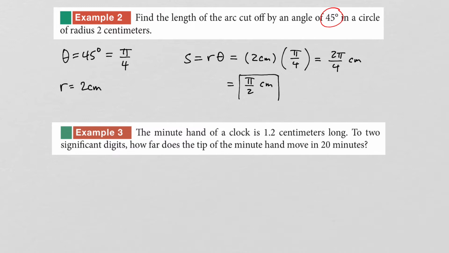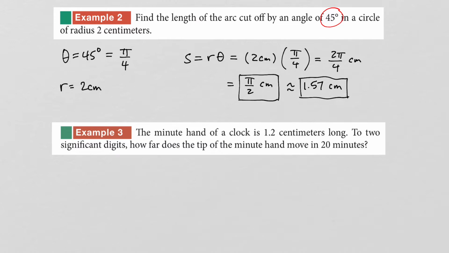So this is our exact answer. And then if they want a decimal approximation, you could plug this into a calculator, just take pi divided by 2, and that would give us approximately 1.57 centimeters. So again, theta must be in radians if you're going to use this formula.